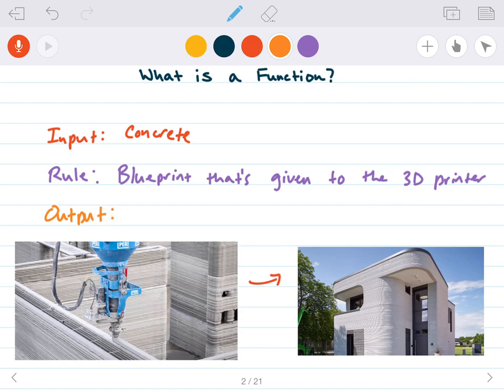So the output is what happens to the input given the rule. And what happens is it makes a house, right? It makes a 3D printed house. So we take the concrete, that's our input, we apply the rule or the blueprint, and then our output is going to be something like this, a 3D printed house. So that's just kind of an intuitive way to think about functions, I think. And there's a bunch of different ways that you can think about it, but anyway.